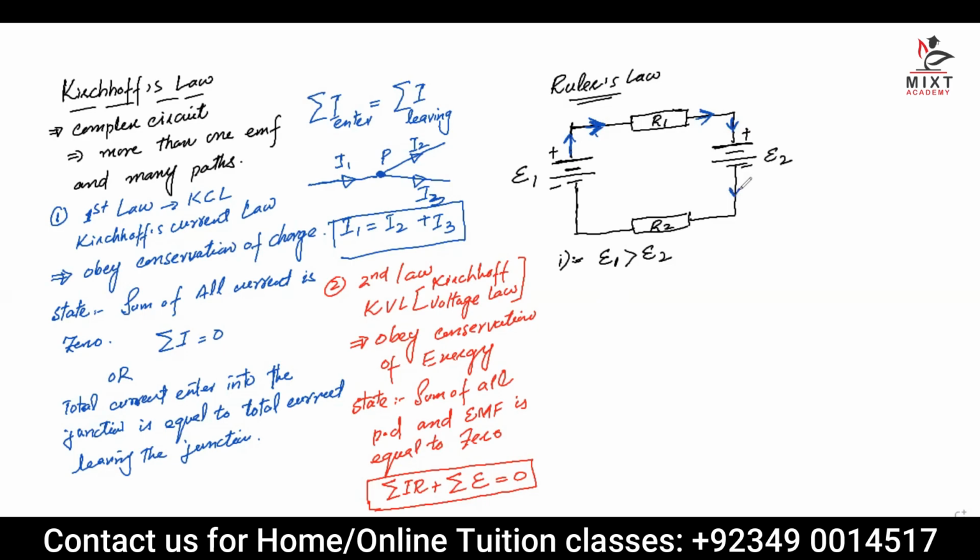Like in one question, I have seen they gave 24 and 6 values, so definitely you will take the direction of the 24 EMF. Then the second EMF is used like a capacitor; it is only charging itself.